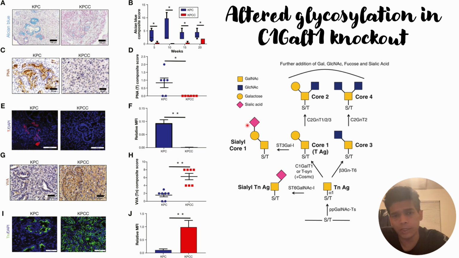So first we need to check whether this C1GalT1 knockout results in the loss of sialylated structures or not, and this we have validated using Alcian blue staining. It usually provides an idea about the presence of sialylated glycans in the samples, and we can see that in the case of KPCC, there is a reduced Alcian blue signal compared to the KPC or the control mice model.